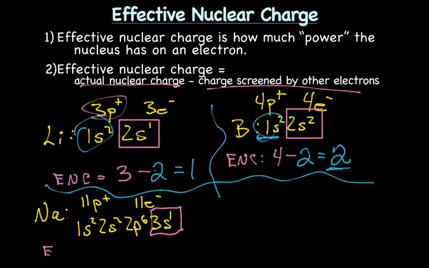So the effective nuclear charge equals 11 protons minus the electrons in between the nucleus and the valence electron, which is all of these here, and that is 10. So the effective nuclear charge is still 1. Even though there are a whole lot more protons and a whole lot more electrons, because of all of these inner electrons, we end up with the same effective nuclear charge.